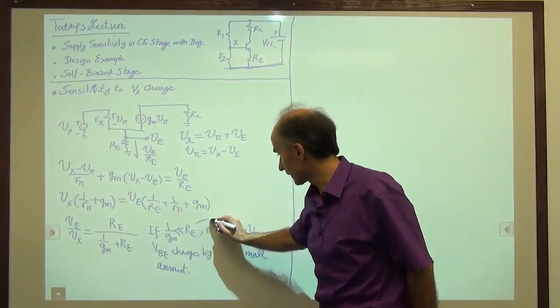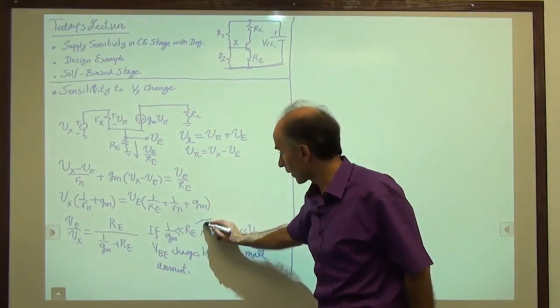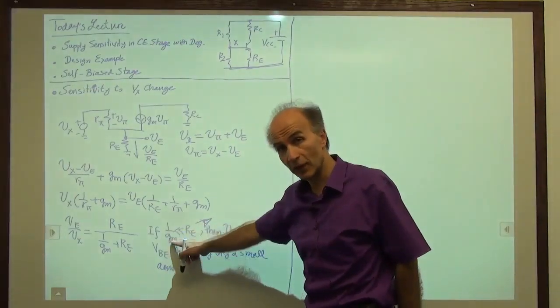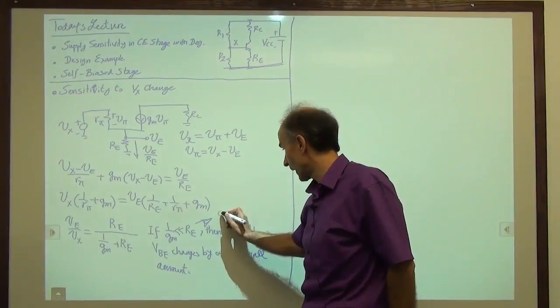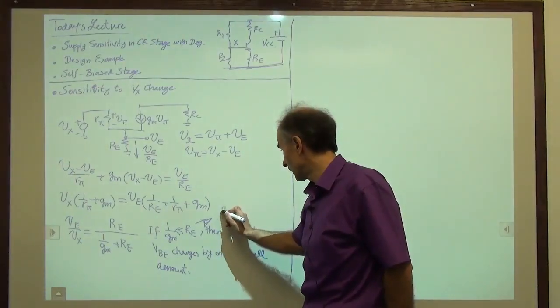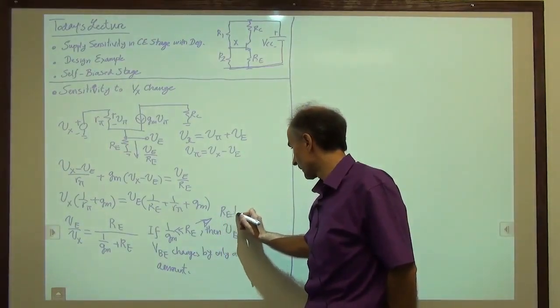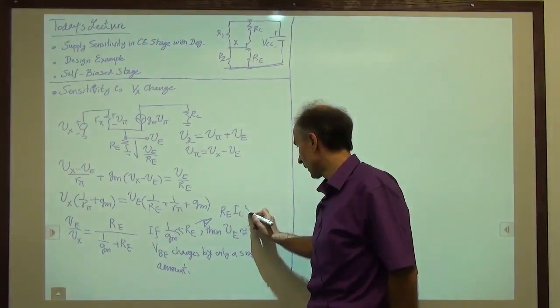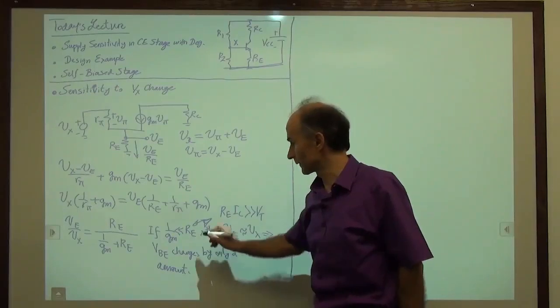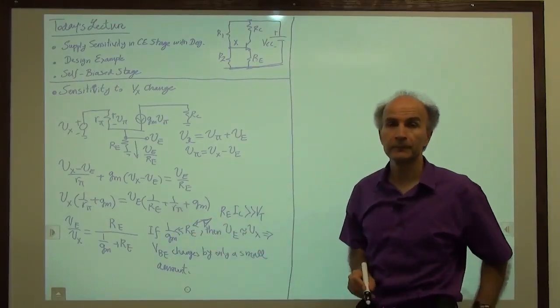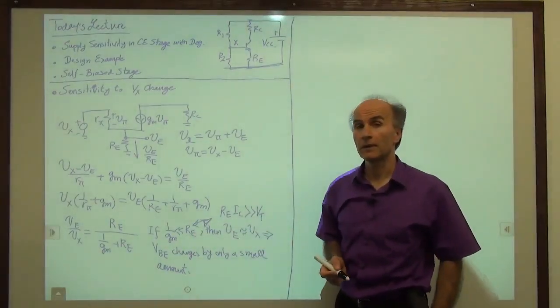We see that here, 1 over GM is equal to VT over IC, the bias collector current. So we have RE times IC much greater than VT. These are equivalent conditions. So that's a good way to remember this.